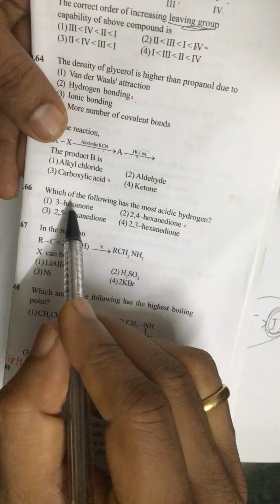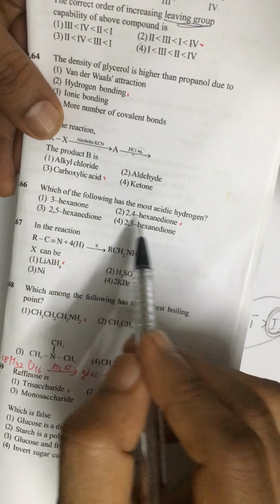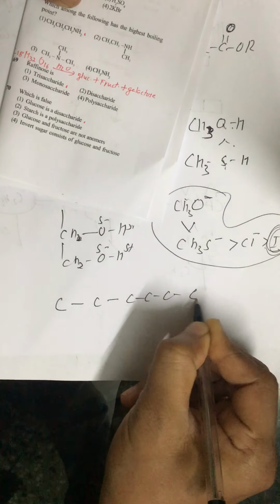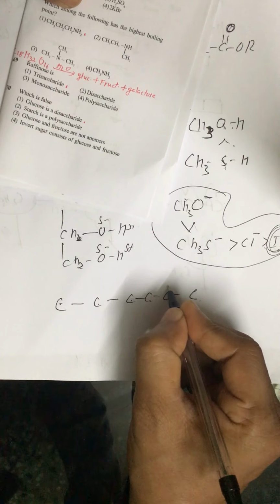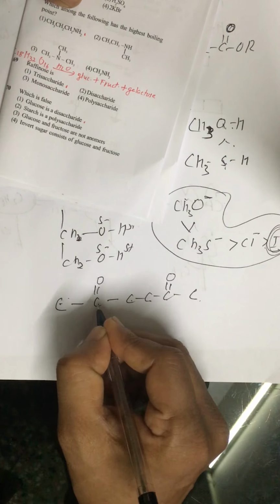Question number 66. Which of the following has the most acidic hydrogen? It is 2,4-hexanedione. See, in 2,4-hexanedione we have carbons 1, 2, 3, 4, 5, 6. This is hexane 2,4-dione. So see, the number of alpha hydrogens.